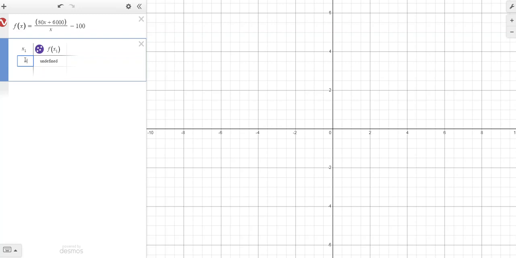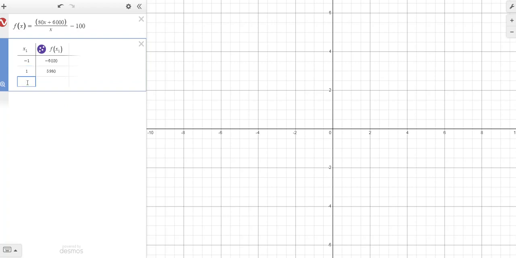All right, my first test value is -1. And that gives me -6020. I want it to be less than 0, and it certainly is, so that's true. Next test value is +1. Gives me 5980. That is not less than or equal to 0, so that one's false.